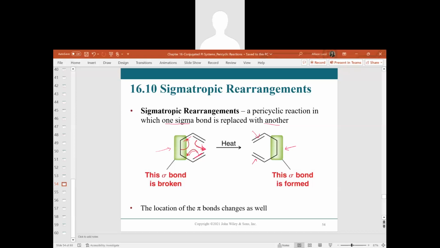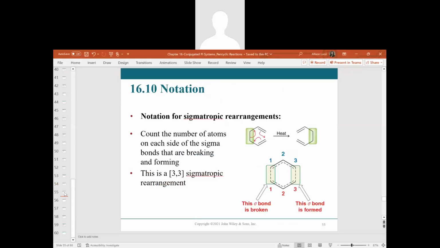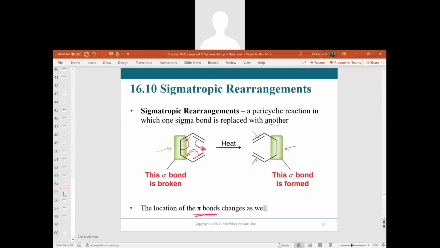So we have a rearrangement occurring, and one sigma bond is being replaced with another. The pi bonds, as I mentioned with those arrows, also change location. Again, a concerted mechanism in this pericyclic reaction.